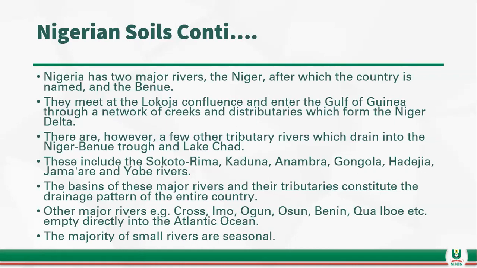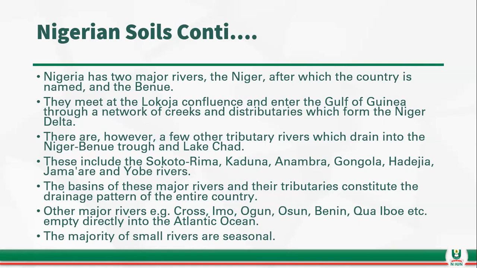There are, however, a few other tributary rivers which drain into the Niger-Benue Trough and Lake Chad. These include the Sokoto River, the Kaduna River, the Anambra River, the Gongola, the Hadejia, Jama'are, and the Yobe River. The basins of these major rivers and their tributaries constitute the drainage pattern of the entire country.